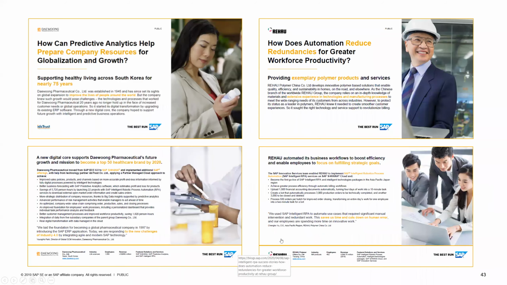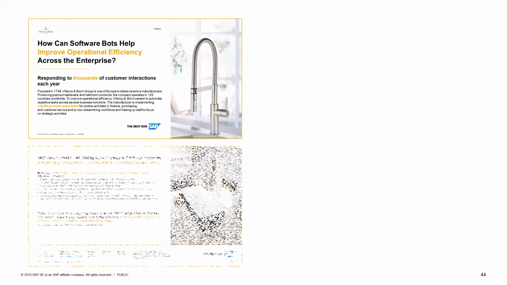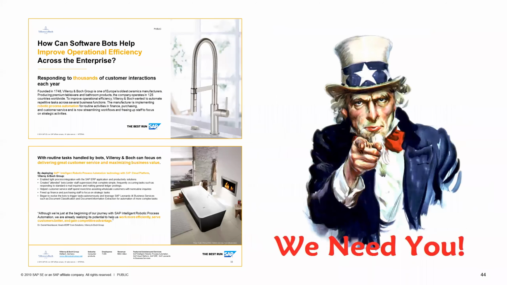So you can see here how those customer stories are presented. We already had the first one from Villeroy and Boch, which is a ceramic producer in Germany. And we need you, because you are working in the intelligent RPA area for SAP customers, SAP partners, or even SAP internal teams.